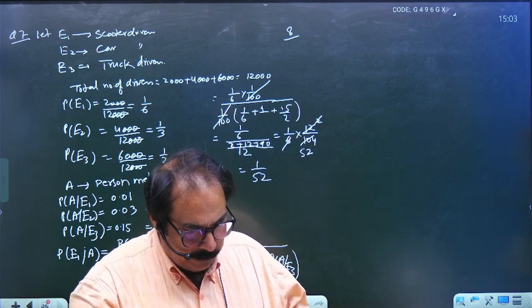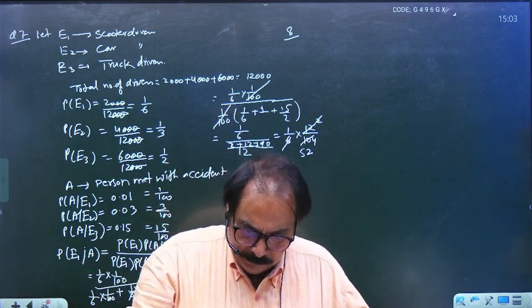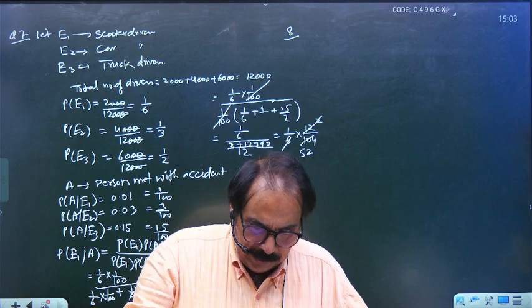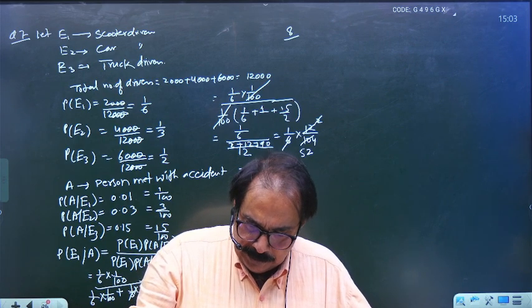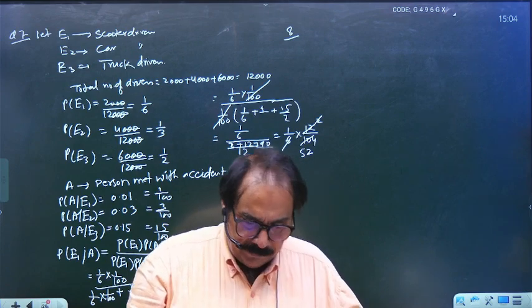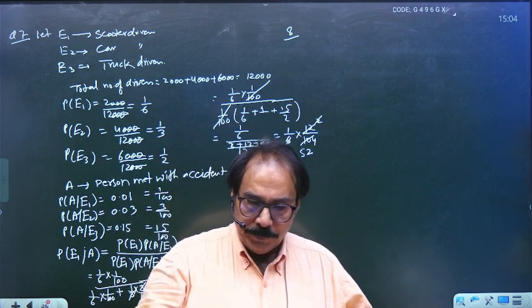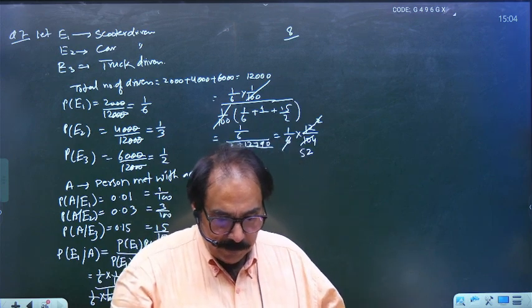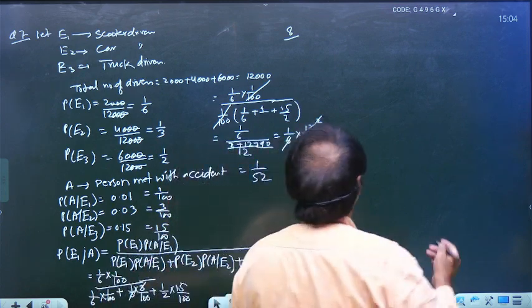Further, 2% of the items produced by machine A and 1% produced by machine B were defective. All the items are put into the stockpile and then one item is chosen at random from this and found to be defective. So let machine A be E1, machine B be E2, and defective is A, and then find E1 and E2, all these things.